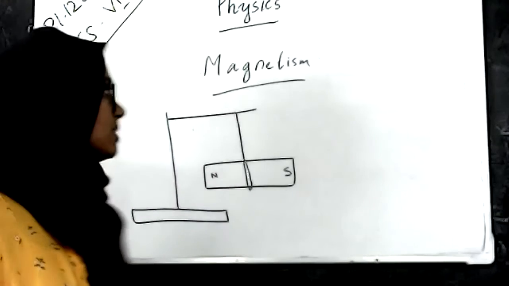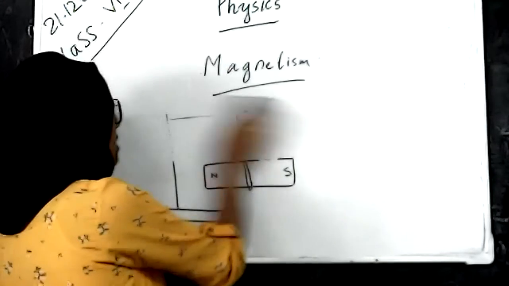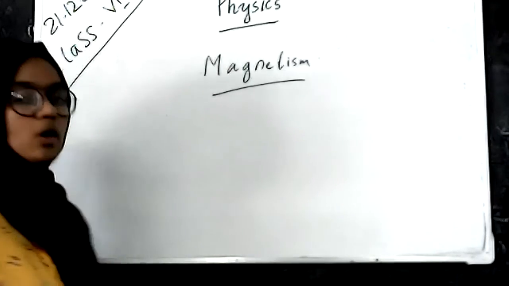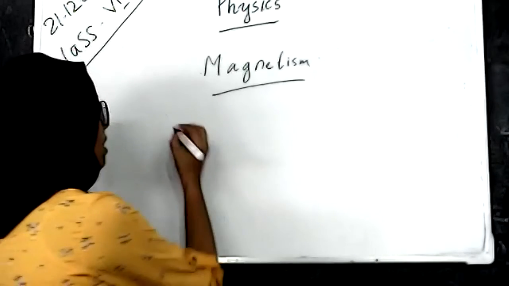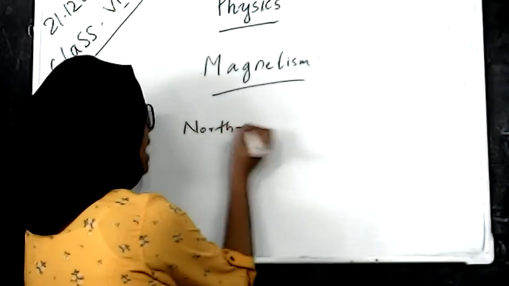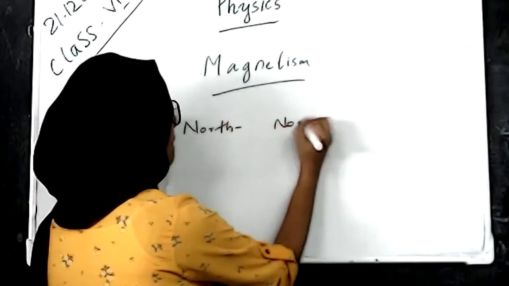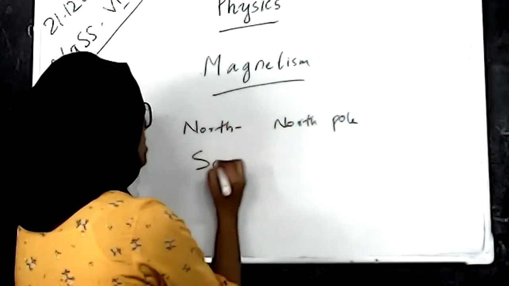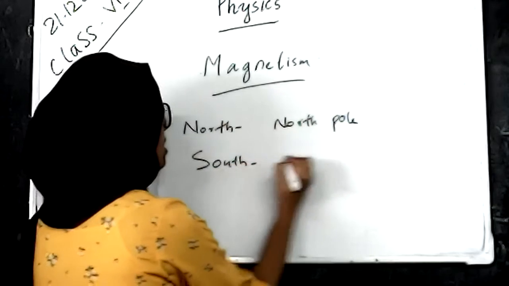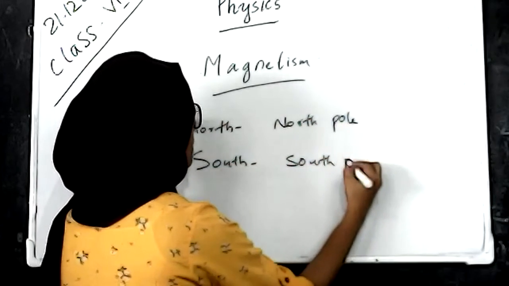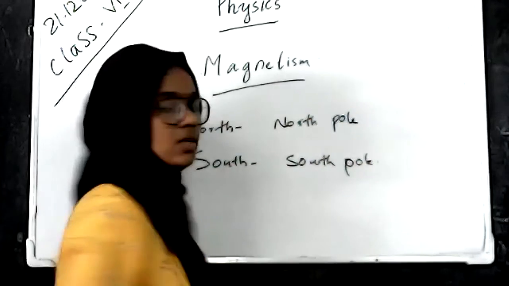So we discussed that a freely hanging magnet points in the north-south direction, and the north end shows the north and the south end shows the south direction.